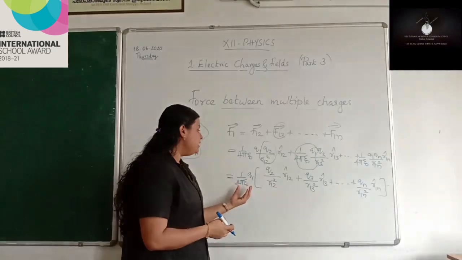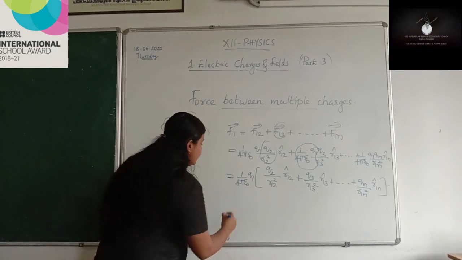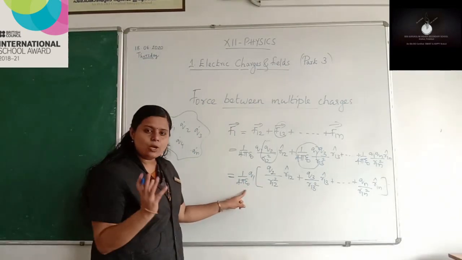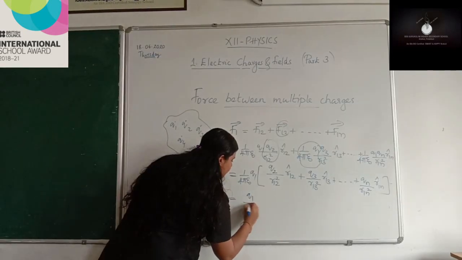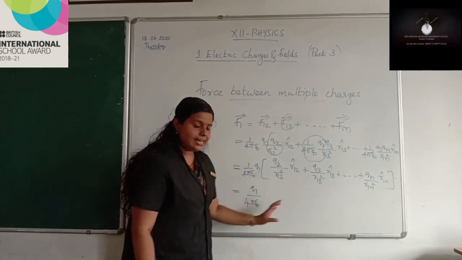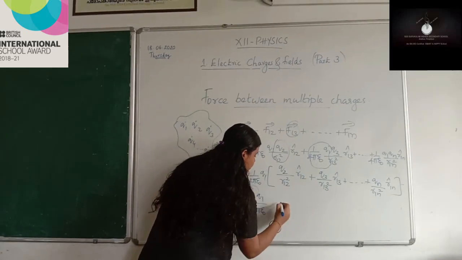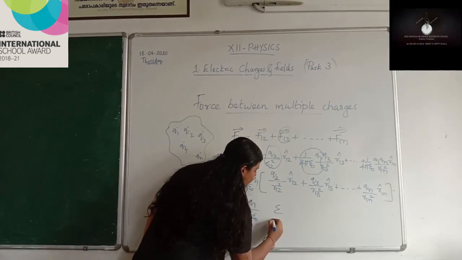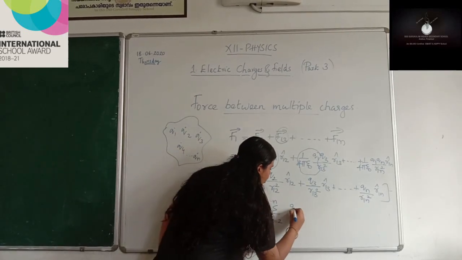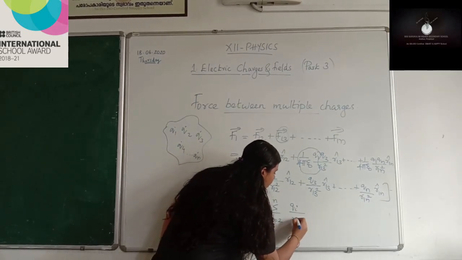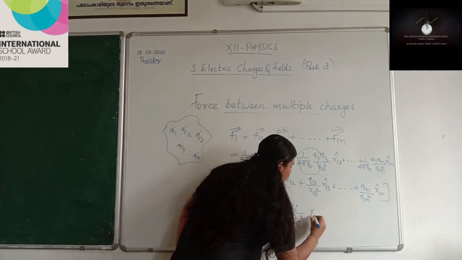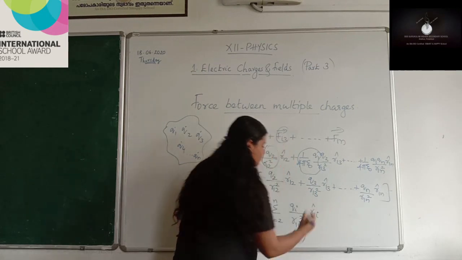Now we are going to bring this expression into a reduced form. So listen carefully. Here Q1 by 4 pi epsilon 0 is a common term. I am going to write this expression as summation i equal to 2 to n of Qi divided by R1i square into unit vector R1i.